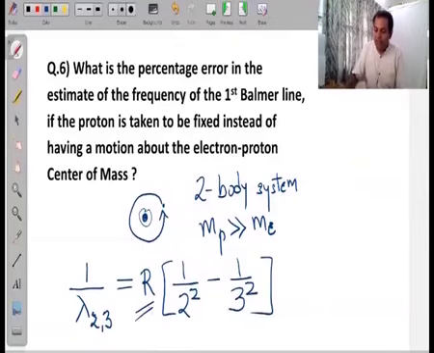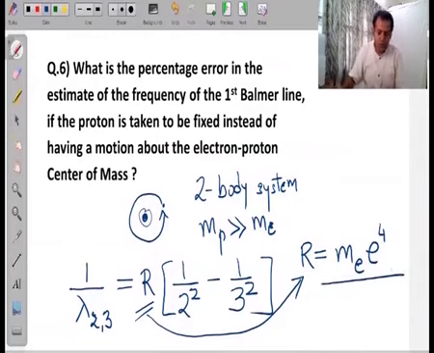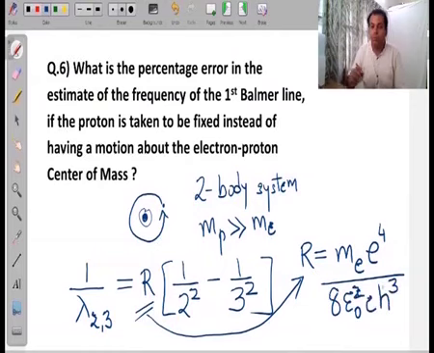And my error will sit in R, because R is given by m_e e^4 over 8 epsilon naught squared c h cubed, and my error is sitting over here. So let me calculate that in the next slide.